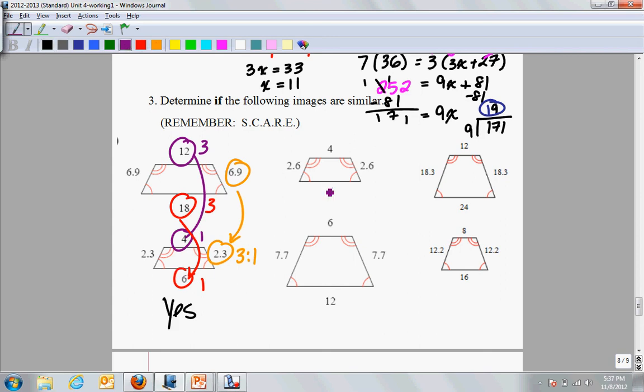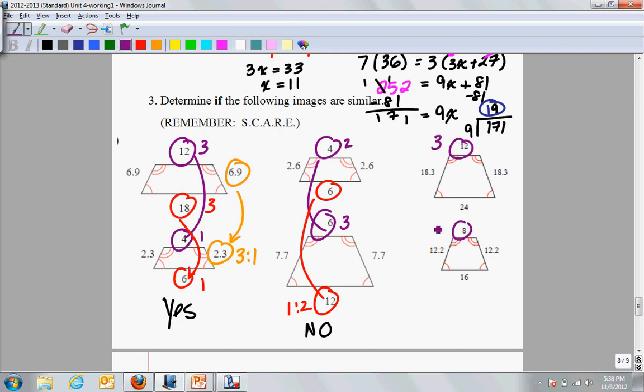Let's check these guys. 4 to 6, that's a 2 to 3 ratio. And 6 to 12, that's a 1 to 2 ratio. The ratios don't match. This one was a no. Let's check this one. 12 to 8. 4 goes in there 3 times, 4 goes in there twice.